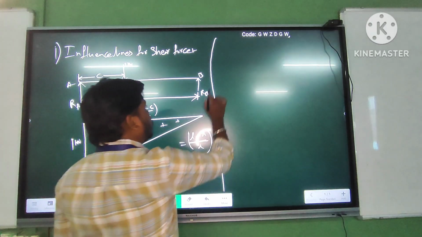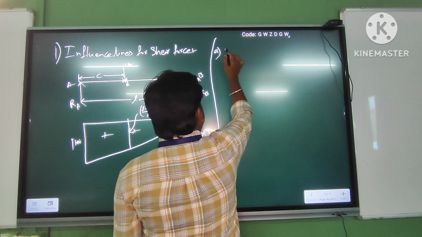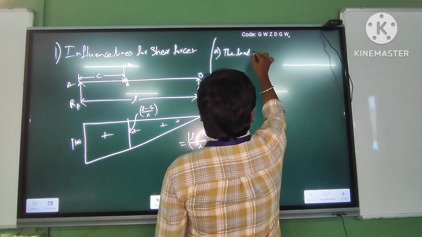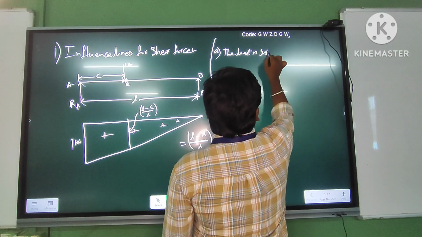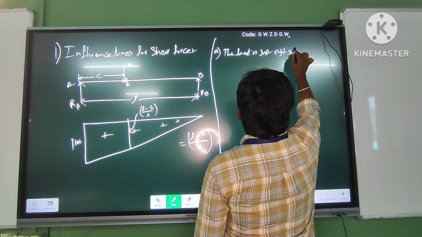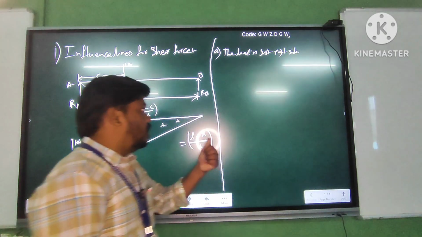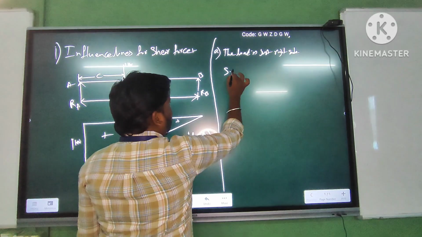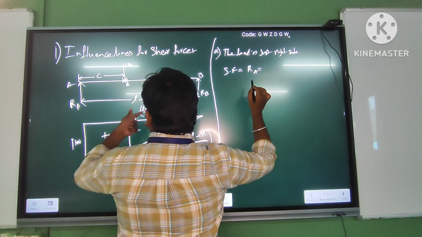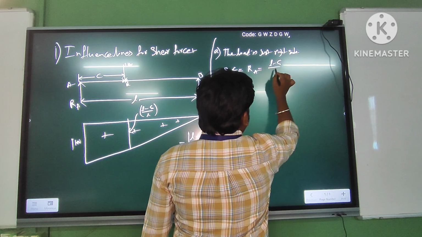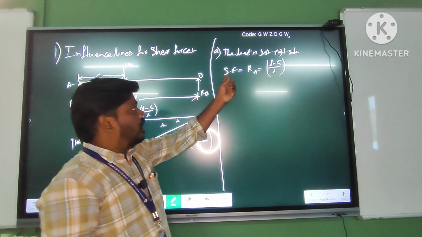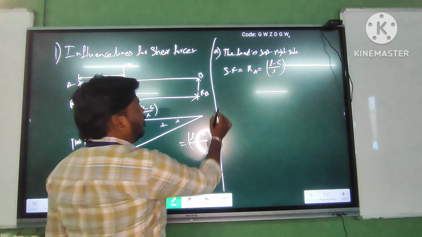First we will see the first condition, when the load is just right side to the section. Here, SF is simply equal to RA. What is RA? L minus C by L. This is the shear when the load is just right side.